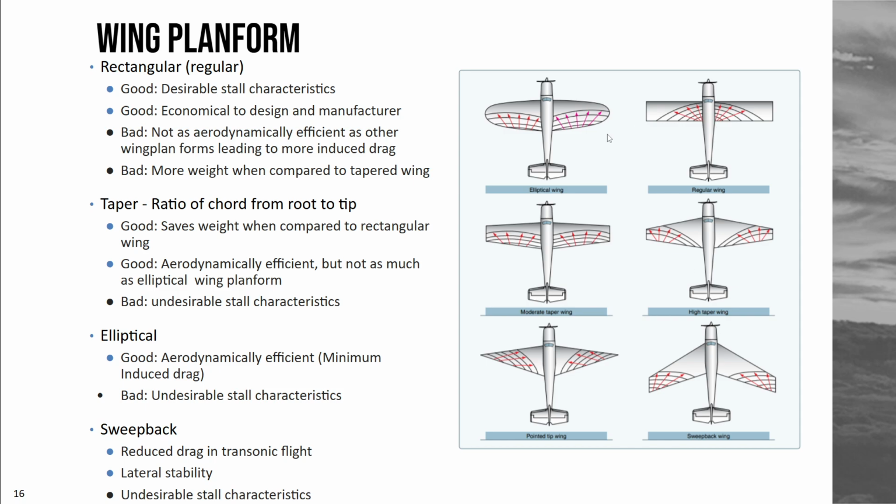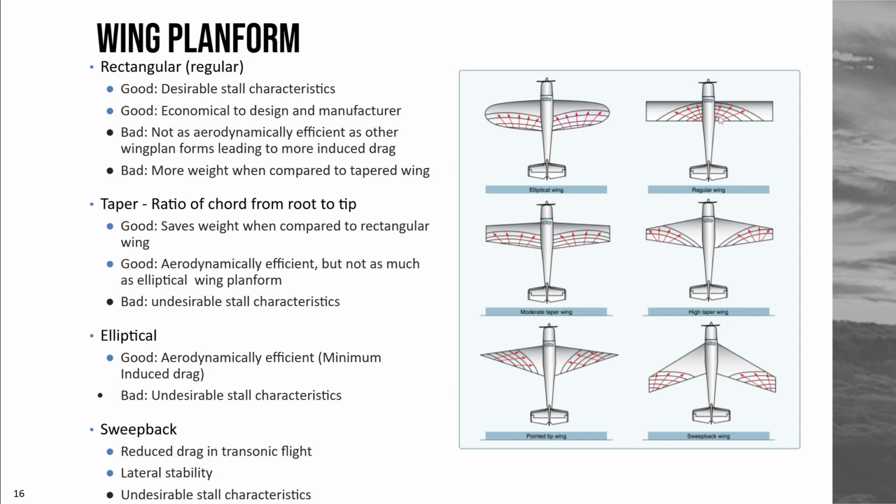So let's talk about some wing plan forms. The rectangular wing, this one on the top right, has desirable stall characteristics, meaning it'll stall from the wing root. That's important because it gives sufficient stall warning beforehand in that buffet and that loss of elevator control.